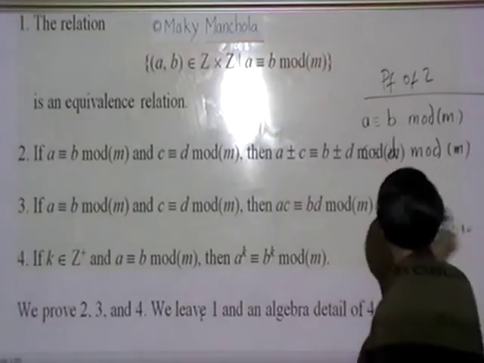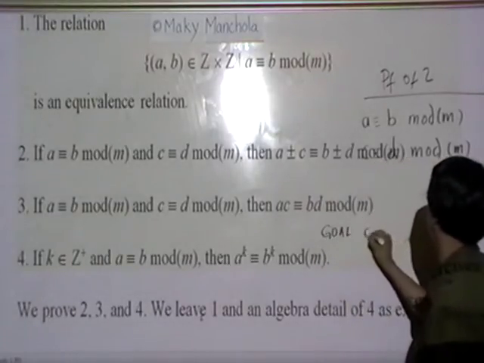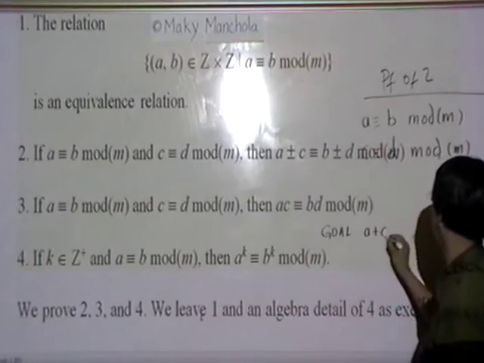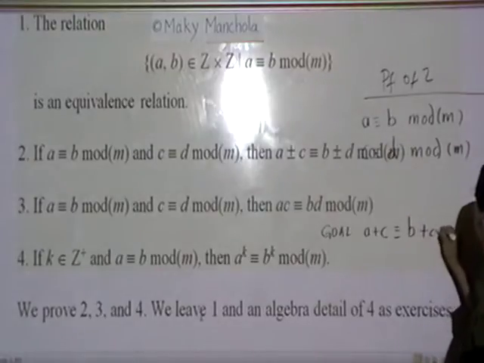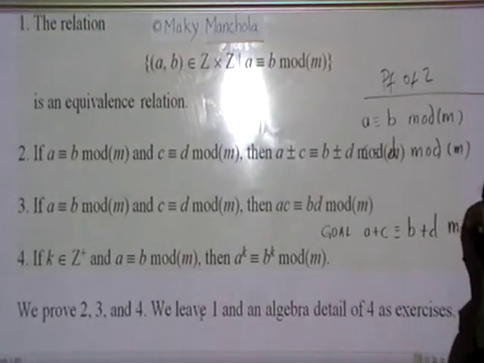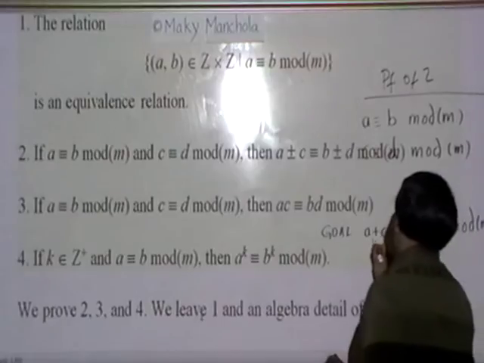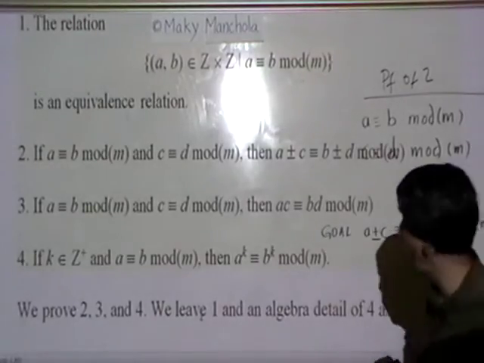Let me try that again. So here is our goal. A plus C is congruent to B plus D mod M. We also want to establish that A minus C is congruent to B minus D. That's our goal.